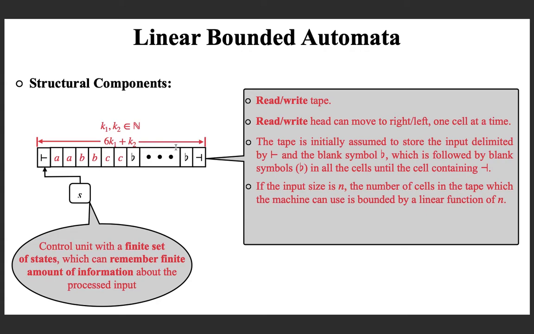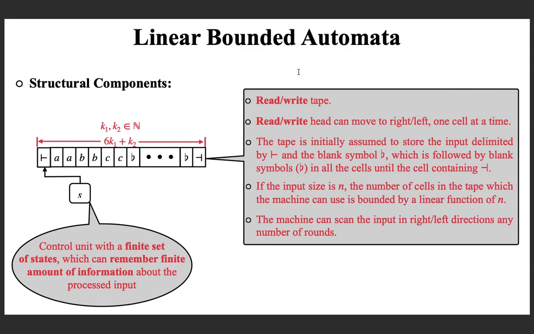Then the total number of cells that the machine can use during its computation is bounded by a linear function of 6. You know that a linear function of 6 is a multiplication of 6 with a natural number plus a natural number. This is a generic representation. And because of this restriction on the tape, you are allowed to use only a bounded number of cells, and the number is actually a linear function of the input size. And that is why this automata is named linear bounded automata.